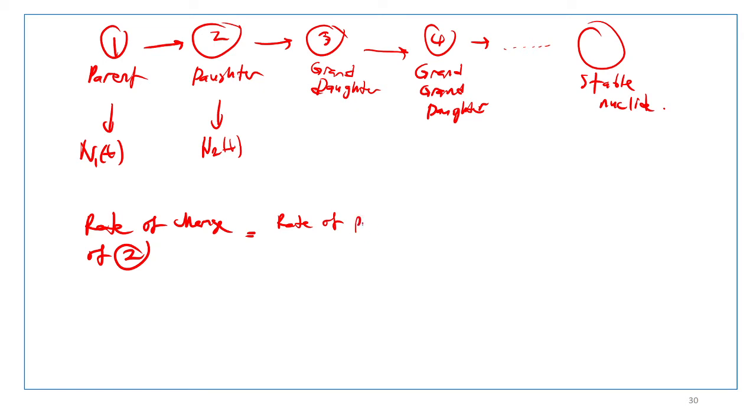Rate of production from the parent, and at the same time, daughter nuclides is reduced because it is turning itself into granddaughter.